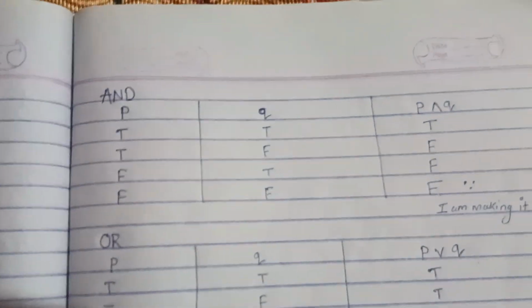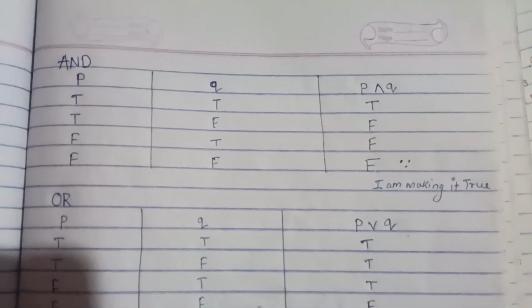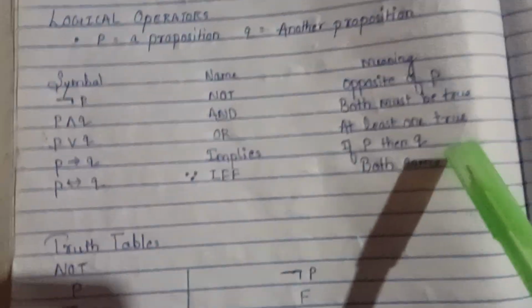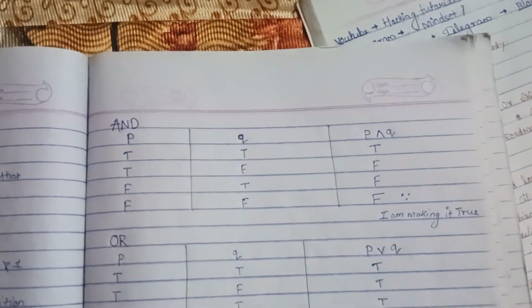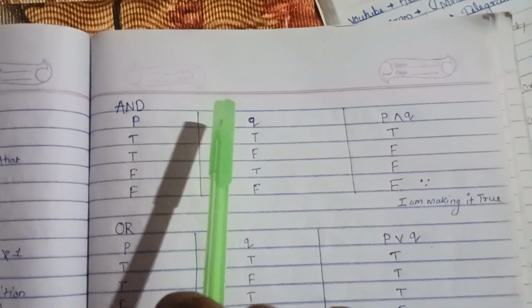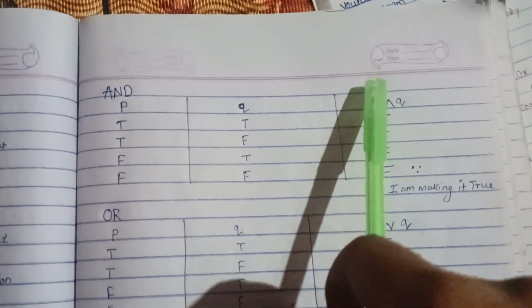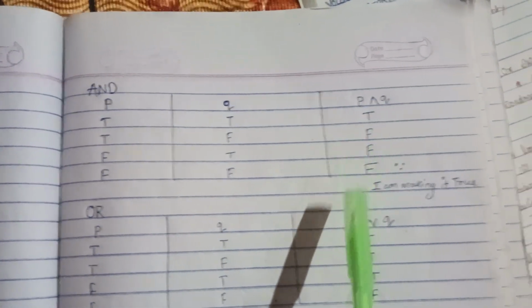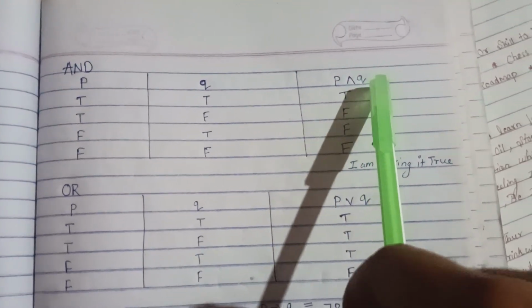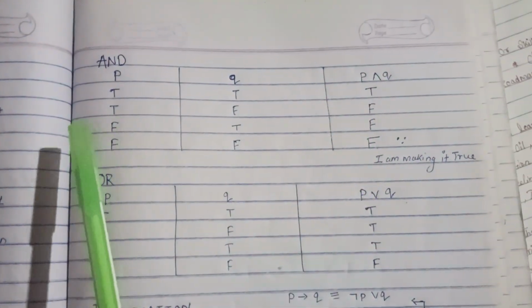Now about and. In the and table we said both must be true, right? So p, q, and p and q, with the angular symbol.